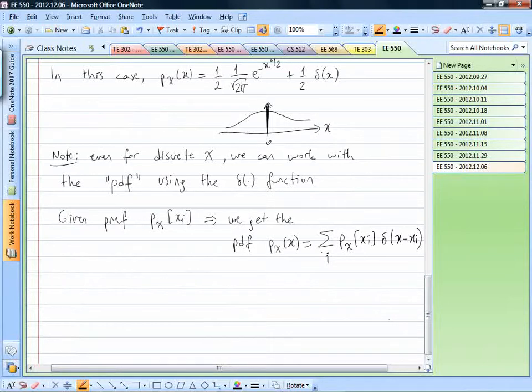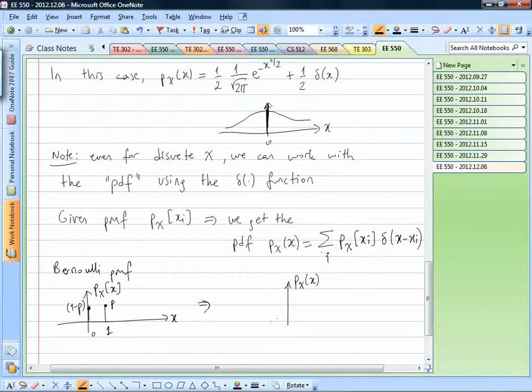For example, let's consider this Bernoulli PMF. Let's say for a Bernoulli random variable, p sub x of x is going to look like this. So this is with p and this is with 1 minus p. Now if you want to use this variable as a continuous random variable and talk about its PDF, probability density function, p sub x of x, now it's continuous.